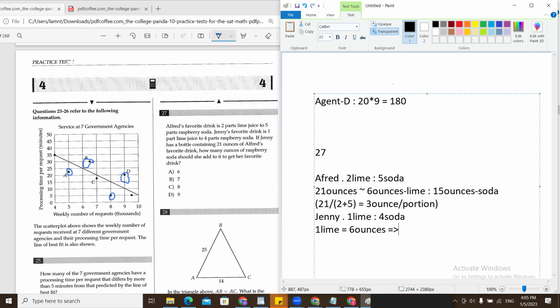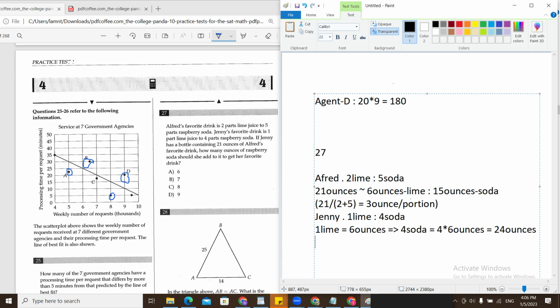So we know that 4 parts soda is going to be equal to 4 times 6 ounces, which is 24, right? 24 ounces of soda.